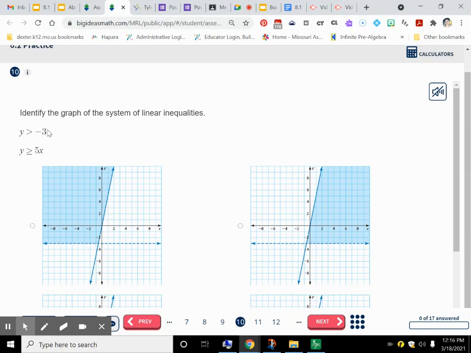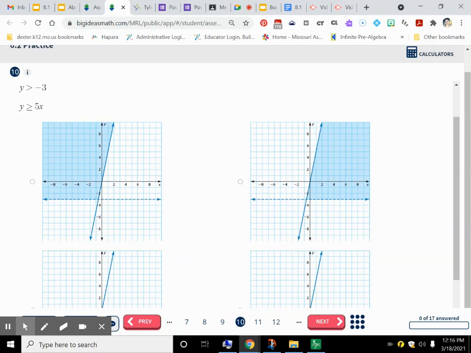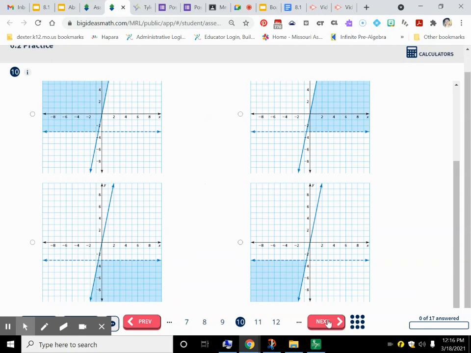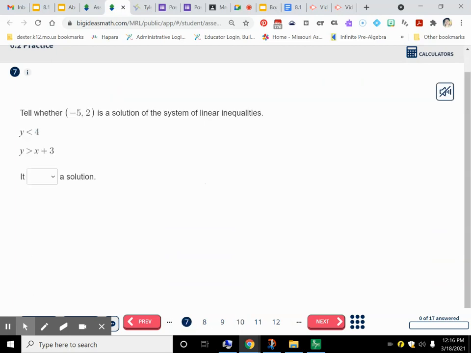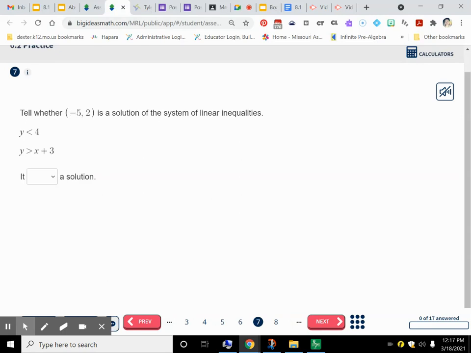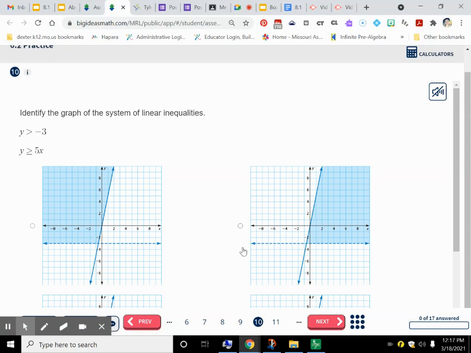Starting with number 10, identify the graph of the system of linear inequalities. This is what you need to have graphed on your graph paper and then match it to one of these. So you really don't have to start showing work till number 7, but number 10 is where you actually have to start graphing.